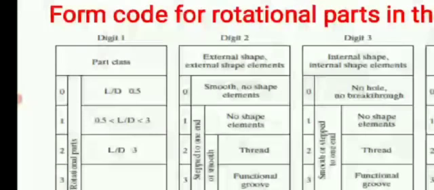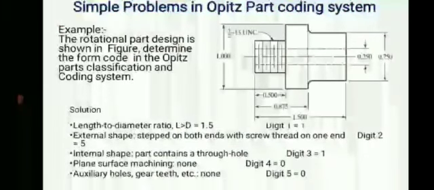Our value is in the second stage. 0.5 less than L by D less than 3, our value is 1.5. So you take the second one, the corresponding value is 1. So our first digit of the form code is 1. Digit 1 represents 1. Okay.